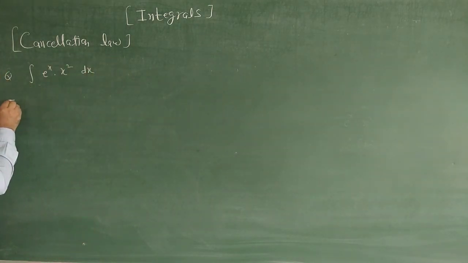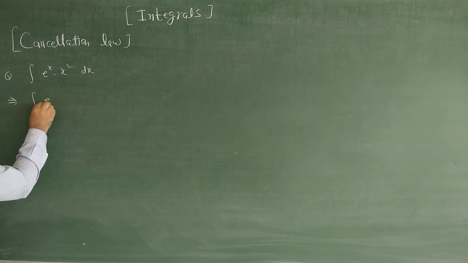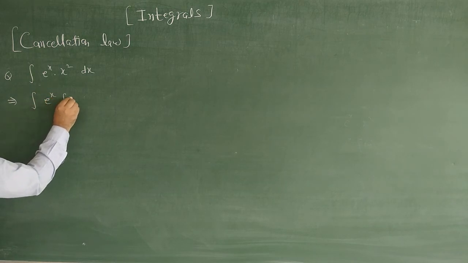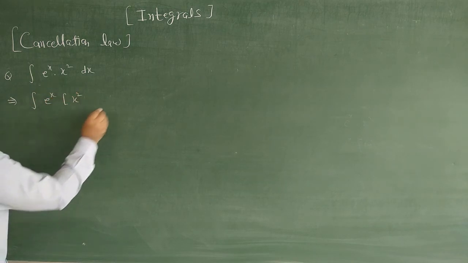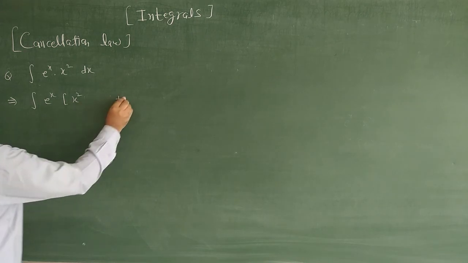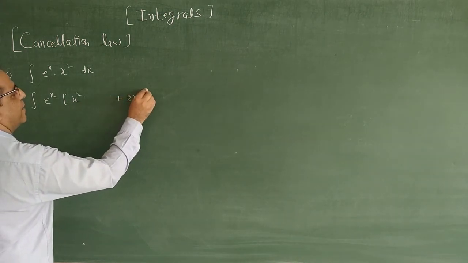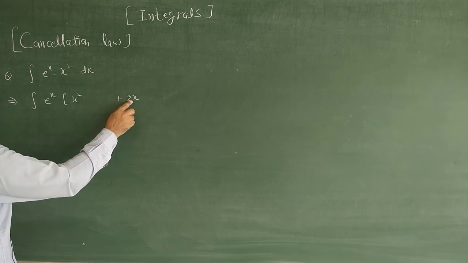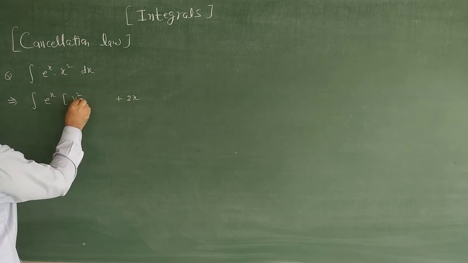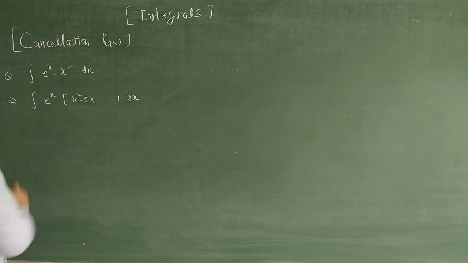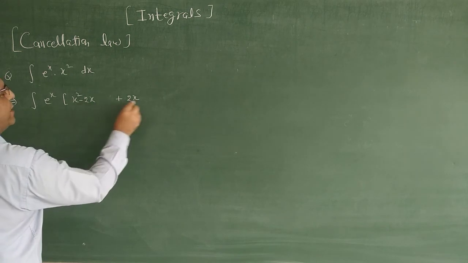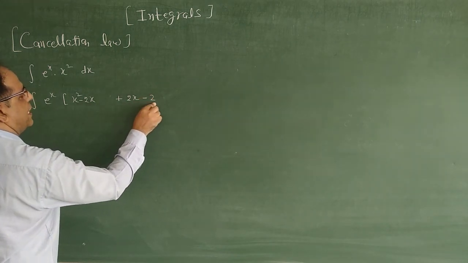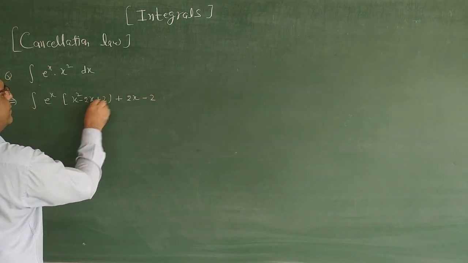How can we solve this? e to the power x square. Now the differential of x square is 2x, but 2x is not available here, so for balancing subtract 2x there. Now the differential of minus 2x becomes minus 2, so for balancing minus 2, add 2 there.